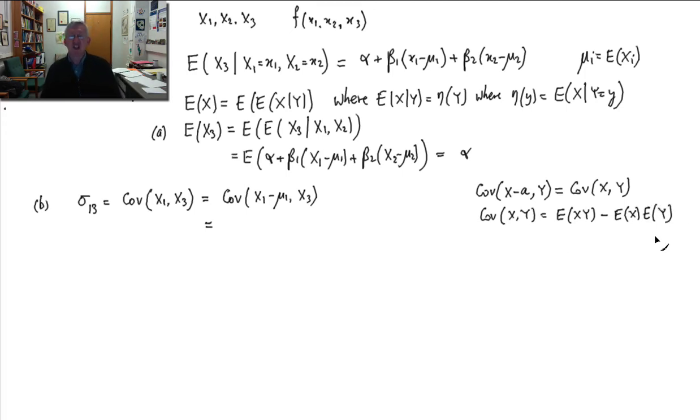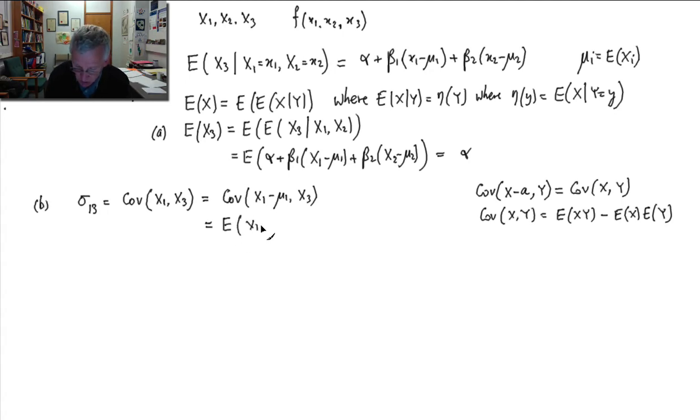Using this rule, you can see straight away that if random variables are independent, this expectation factorizes and it's equal to that. And so the covariance is immediately equal to 0 if the random variables are independent, but the reverse is not true. But using that, I can write this as the expected value of the product of these two.